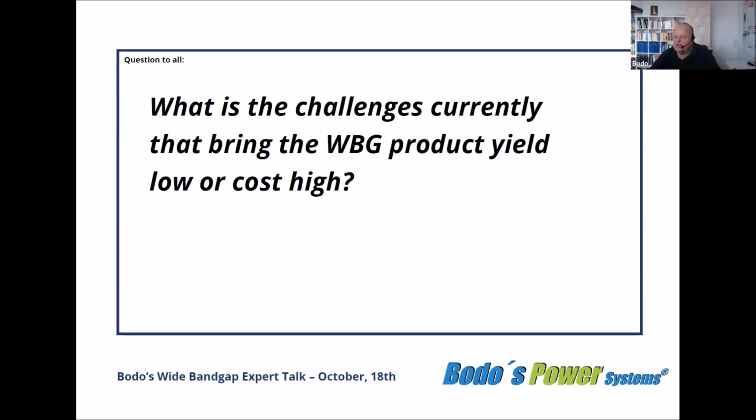The next question comes up. What are the challenges currently that bring the wide bandgap product yield low or cost high? I guess I can start on that for SiC, looking at high power SiC.